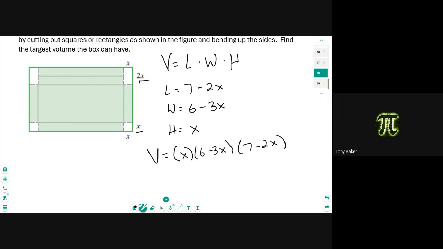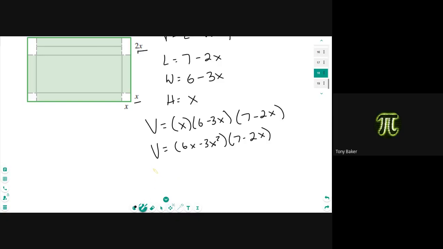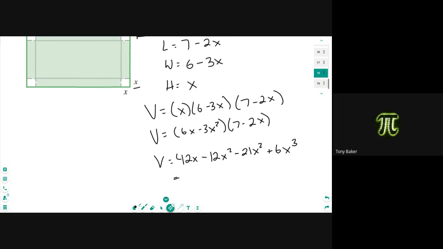So my suggestion would be to multiply that out and then just take the derivative. Nope, it equals 42, positive.